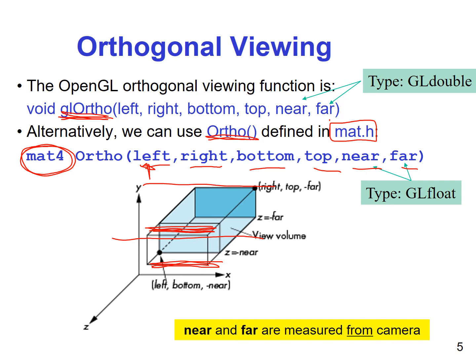So you can basically move your viewing volume to any position that starts from left, finishes at right, and then you can move it up and down to define your bottom and top position, and then you can move it forward or backwards and define your near and far positions for the view volume. This way you can set an orthographic view that is still orthographic, but the view volume is placed somewhere else.